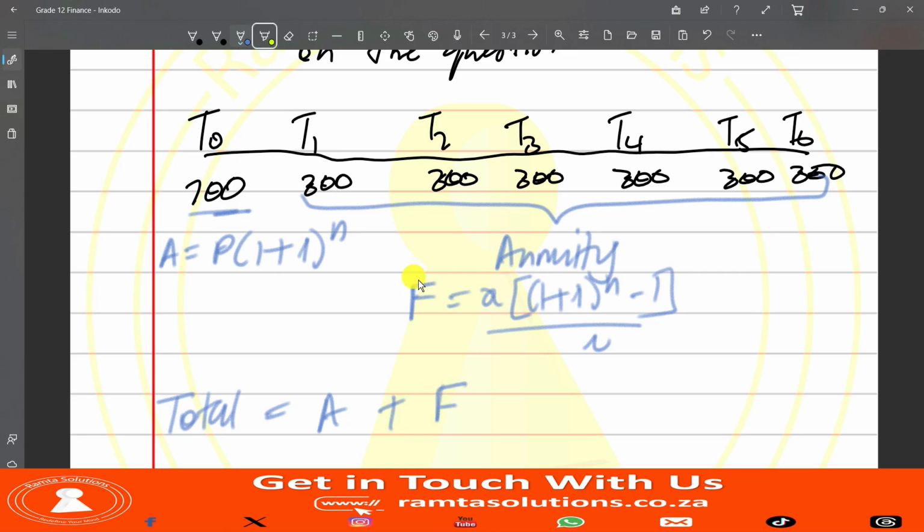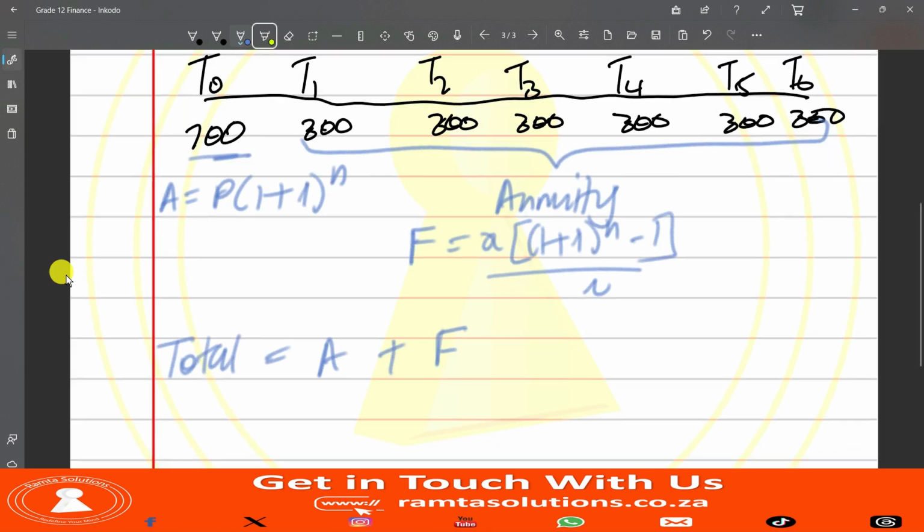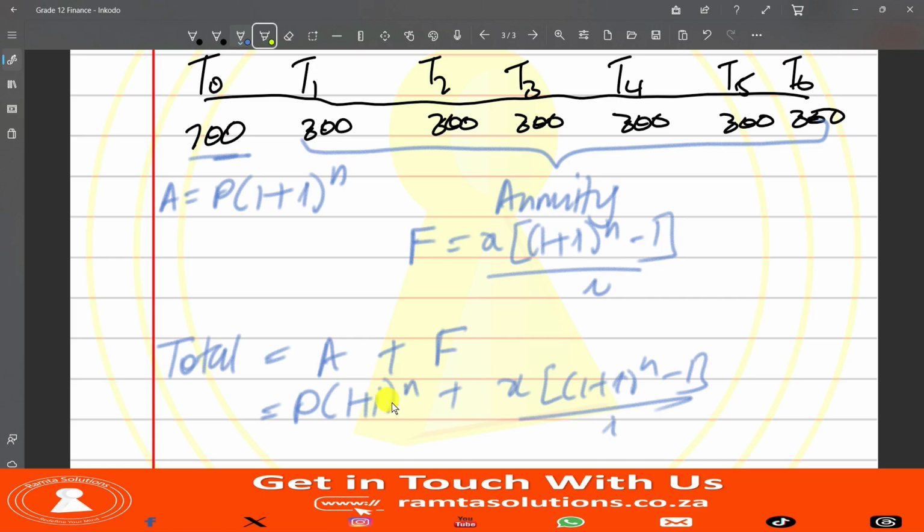So the accumulated amount will be P into 1 plus i to the n, plus this one here. But be careful, these n's are different.